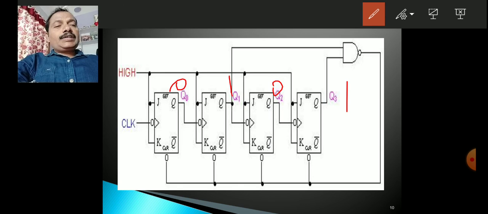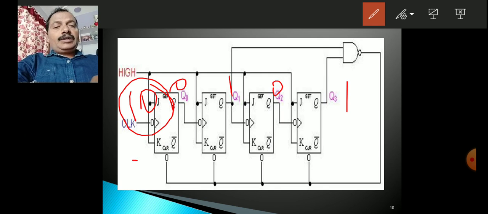Because Q3 is 1 and Q1 is 1 at the 10th position, we don't want this. Actually, I want counting from 0 to 9. After 9 comes 10, and 10 means the flip-flop status is 1010.